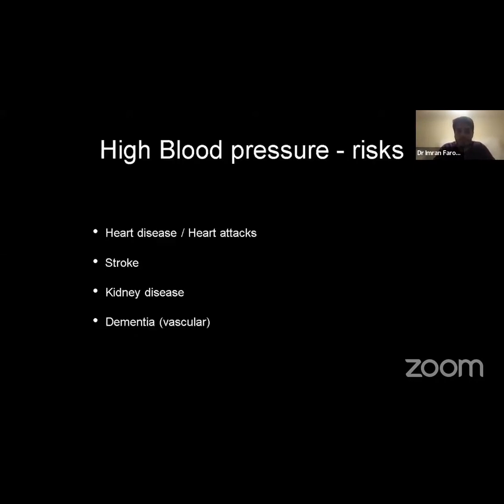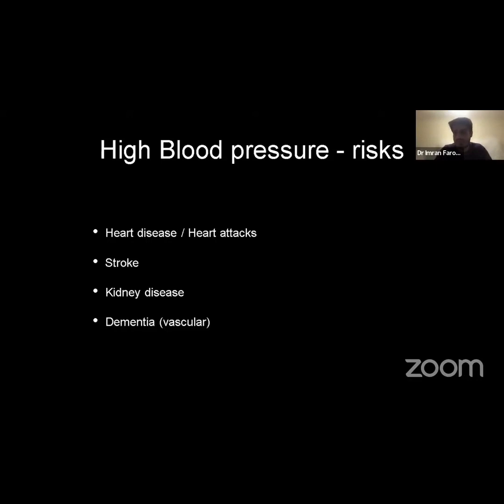So knowing about blood pressure and what it means probably actually is all meaningless unless we know what the risks are of having a high blood pressure. And the risks are significant, and really it can't be understated.